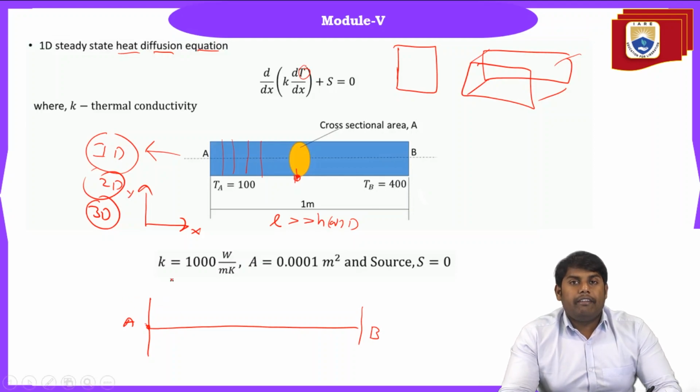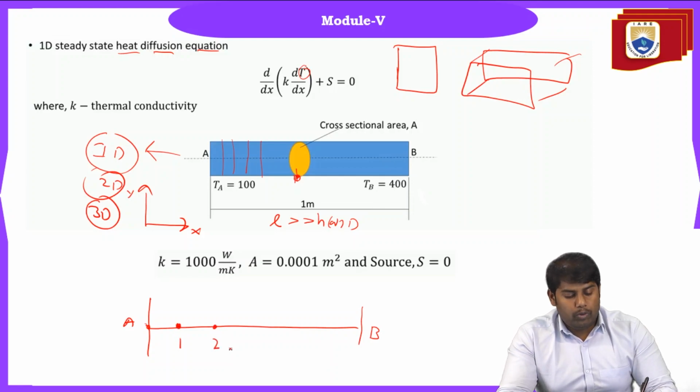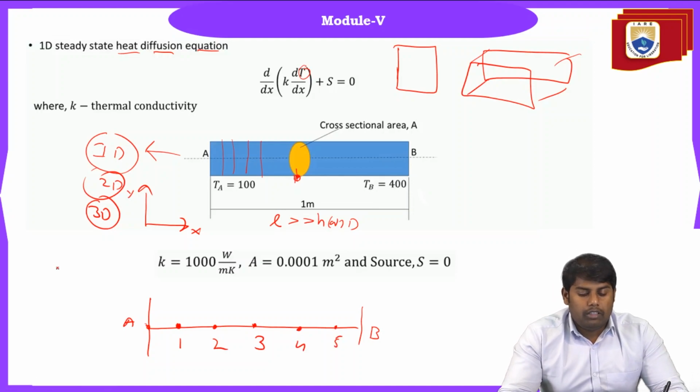Fine. So let us divide this into 5 points. So this is point 1, point 2, 3, 4, 5. So we have divided into 5 points. Let us take the spacing between these 2 points as delta x. So here it is delta x.